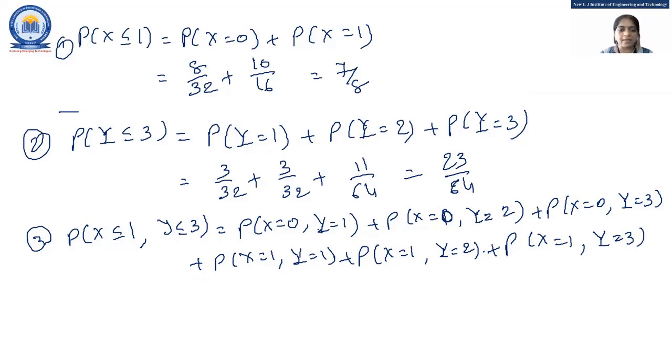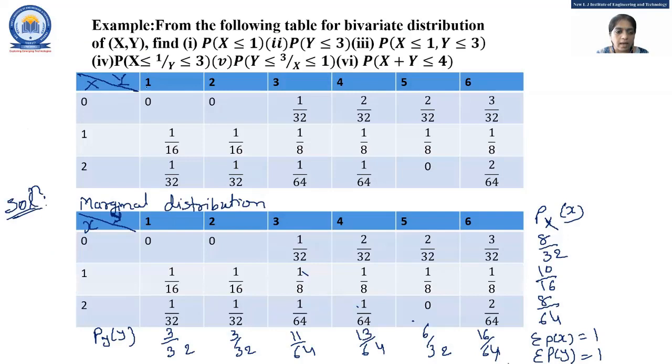If I take x0, y1, what is that? See here, x0 and y1 is 0. Then x0, y2 is also 0. X0, y3 is 1 by 32. Got it, everyone?